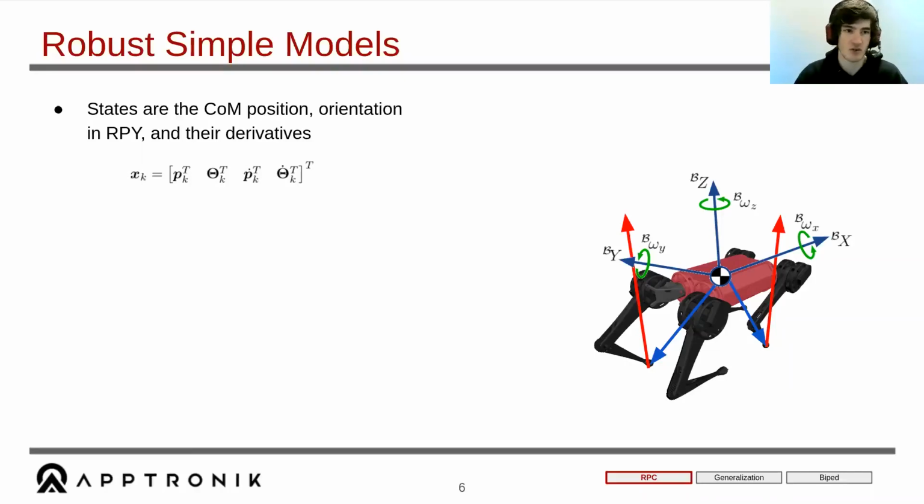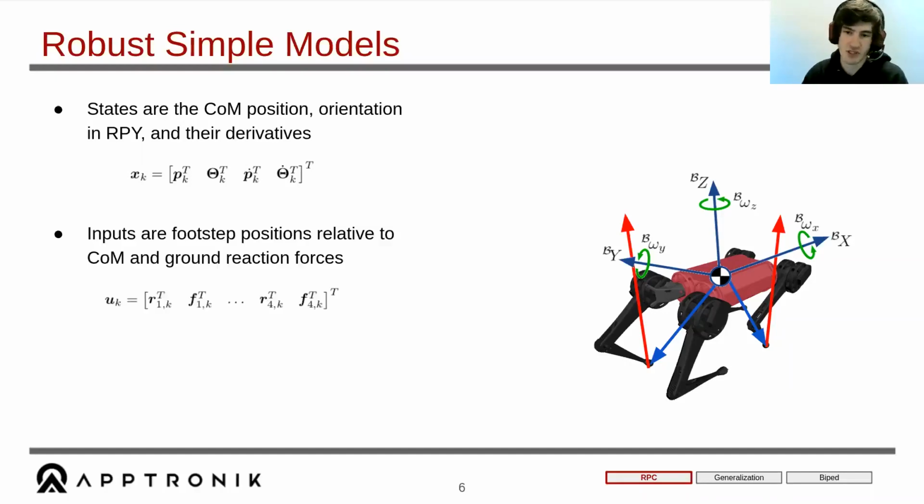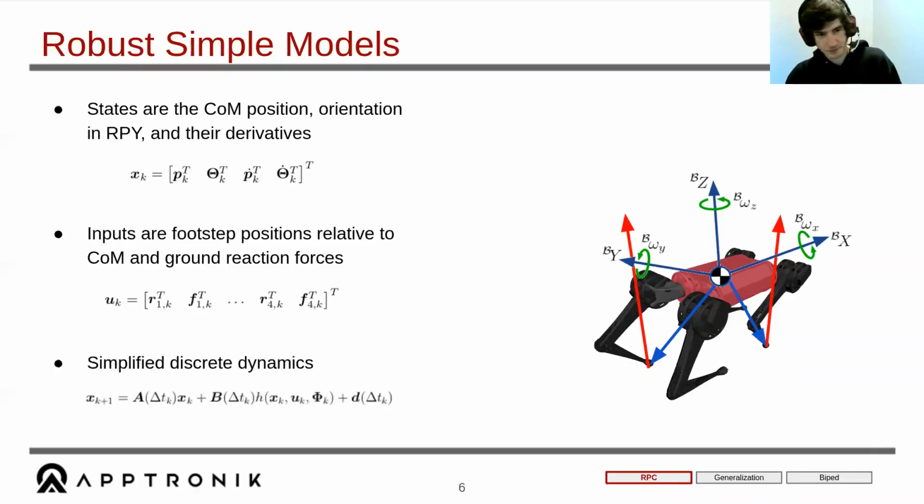So you have the center of mass position, orientation, and the derivatives. And the inputs to the controller are the footstep locations for each step and a force vector for the ground reaction forces. And this allows us to use very simplified discrete dynamics rather than using the full nonlinear dynamics of the robot.